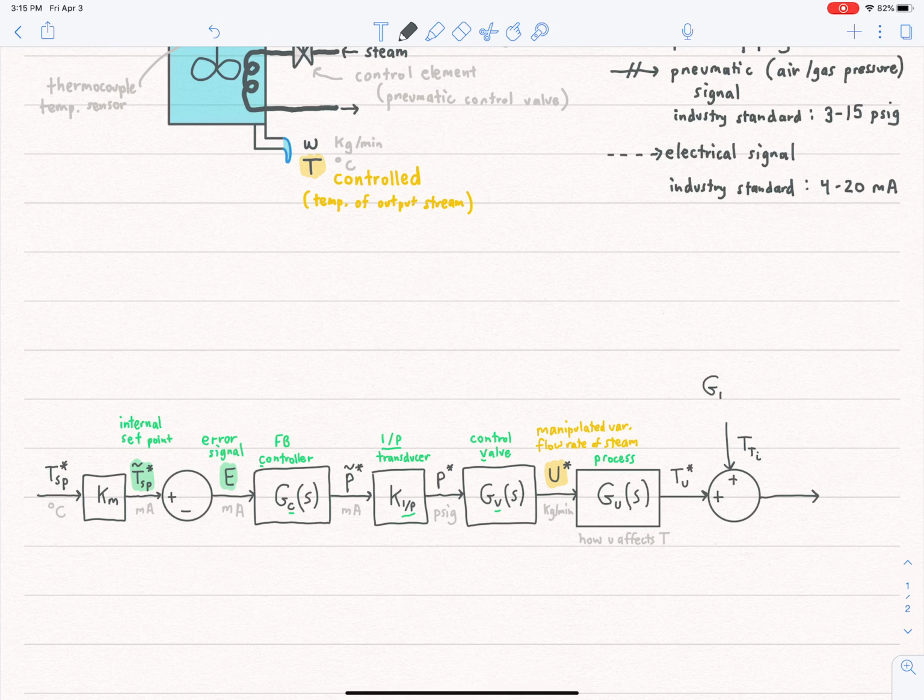And then we'll decorate this with G T sub I of S. This encapsulates the dynamics of how T sub I affects T. So this is your disturbance variable. I'll highlight this because that's our disturbance variable.